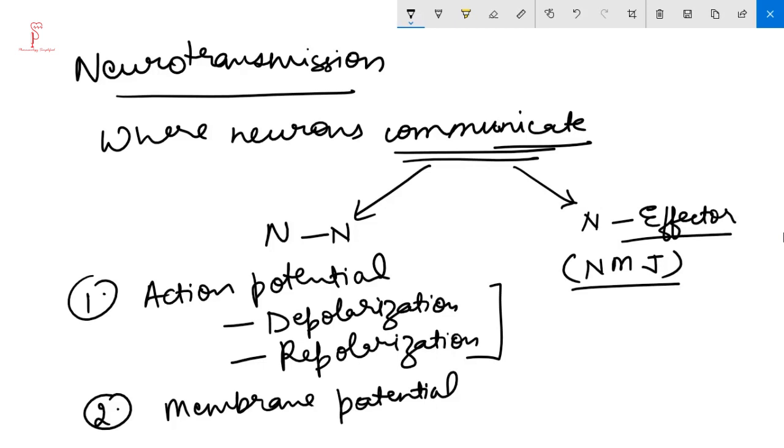So we would first discuss these two terms, action potential, which are also called impulses. A single one is an impulse. Now we would discuss in detail what is action potential and what is membrane potential.